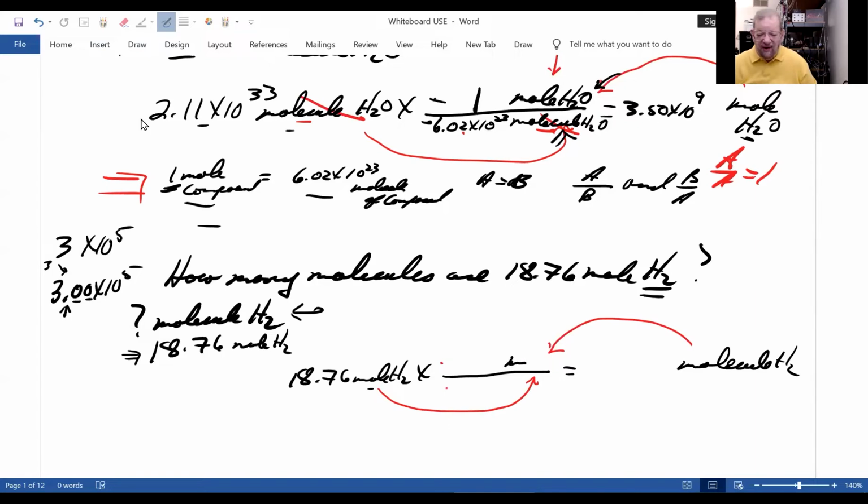So first I'm going to write this in here, and this should be moles of hydrogen. And 1 mole, by the way, this is an exact number because it's part of the definition, equals Avogadro's number of molecules. Now, before I begin, I'm going to check, do my units cancel out?